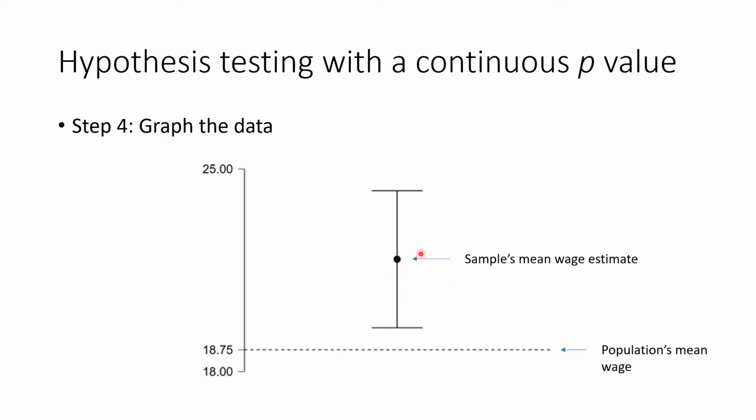And here we can see that the sample is overestimating. We don't know exactly how much because we'd have to actually compute the mean, and we'll get that later, but it is overestimating. And these whiskers represent a 95% confidence interval.